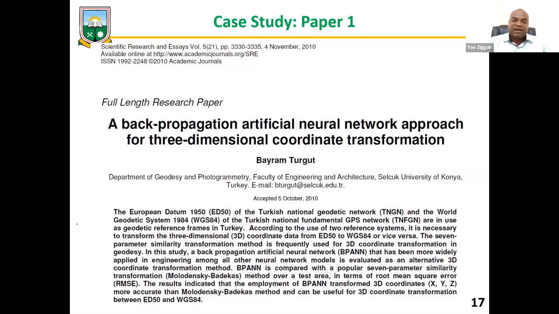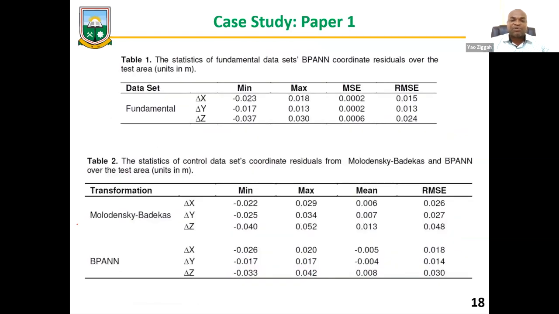From the abstract, it was clearly stated that the backpropagation artificial neural network was able to transform the 3D coordinates XYZ more accurately than the Molodensky-Badekas method, and is therefore useful for 3D coordinate transformation between the European Datum 1950 and that of WGS 84. So this is a sample of the results that were obtained.